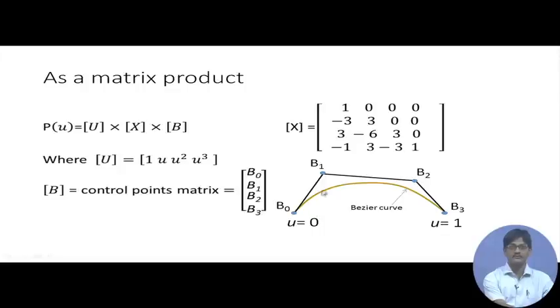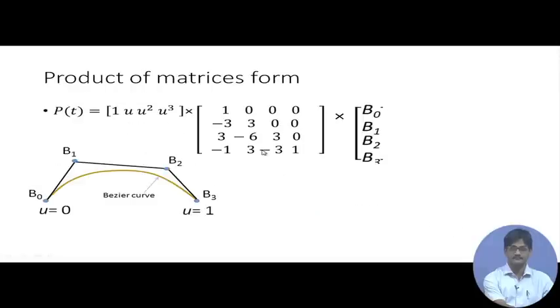In this case, if there are 4 control points, they are put as a column for this particular Bezier curve expression. So, as a product of matrices, it looks finally like this: U matrix, coefficient matrix, and the control point matrix. I am sorry, the other side of the bracket has somehow got obliterated, it is very much there.